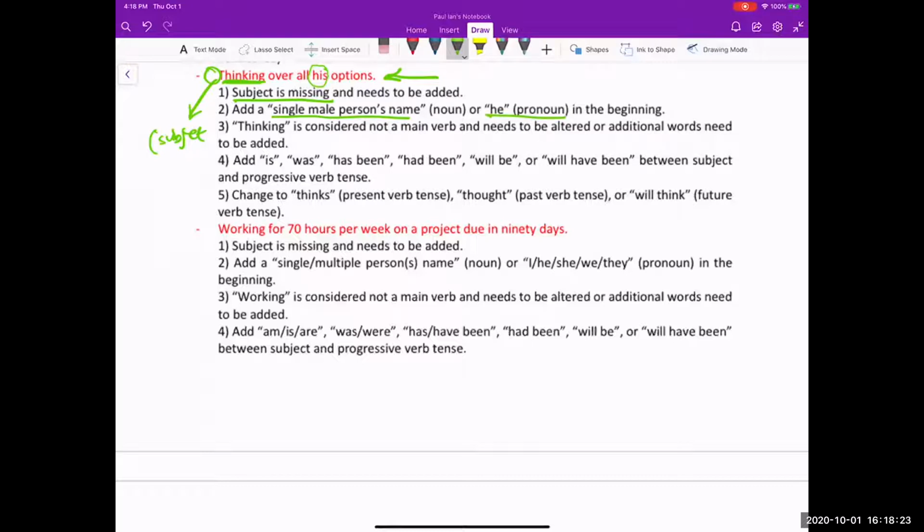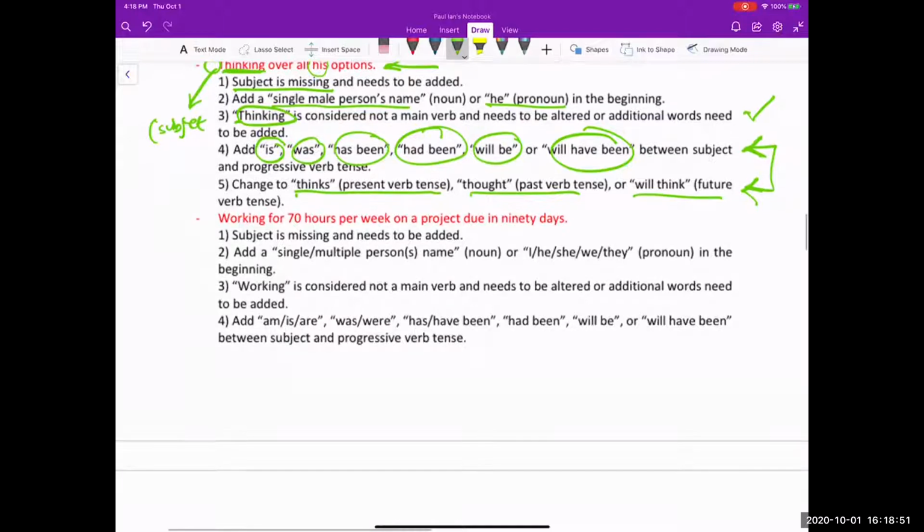So he is thinking. But then you still have to add your predicate. You can either add the subject, that's the new one. And the other one, just to repeat it, is you could either change the verb tense or add the predicate, the main verb, is, was, whatever that is.